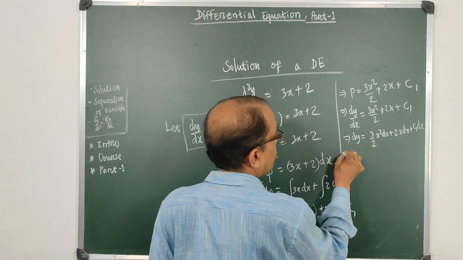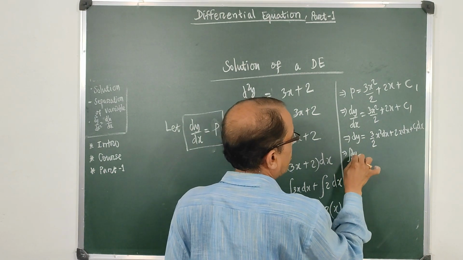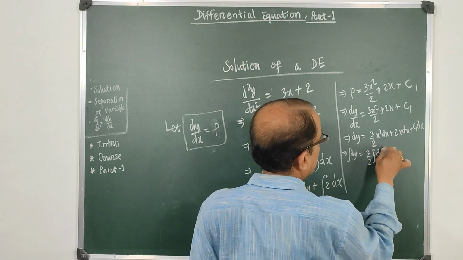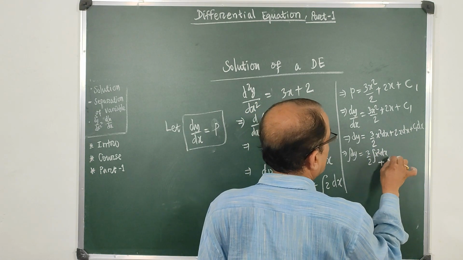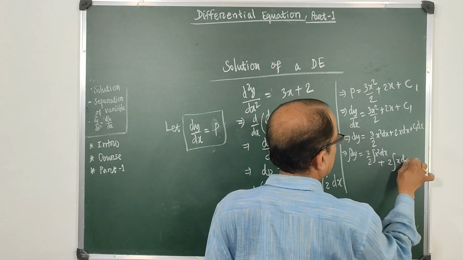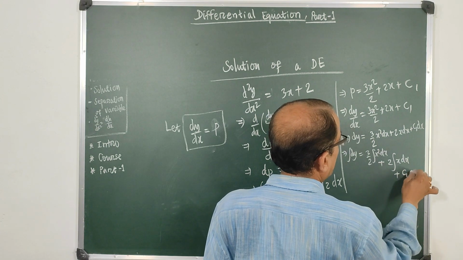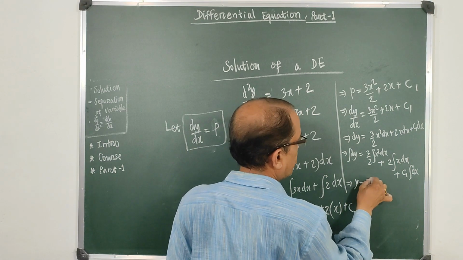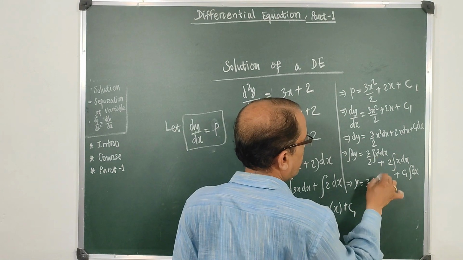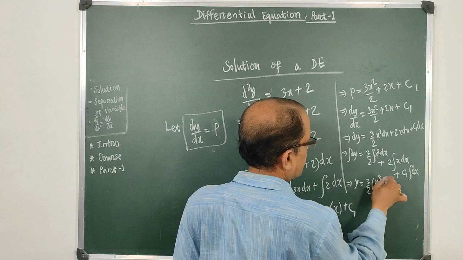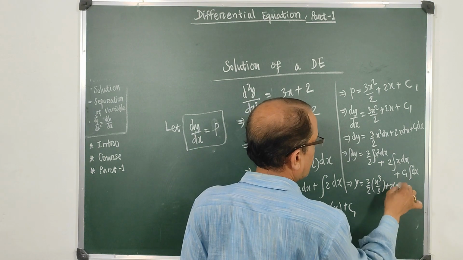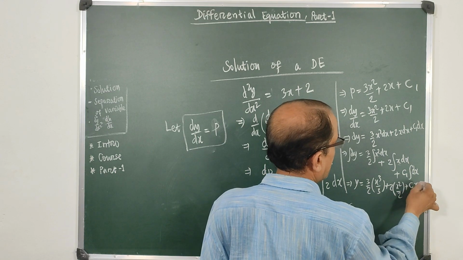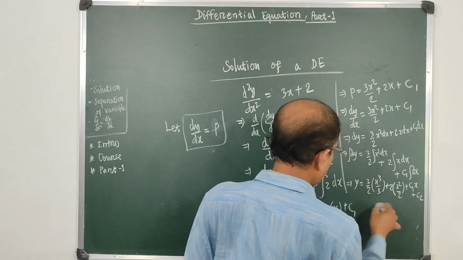Now integrate both the sides. Integrating dy, we get 3 by 2 integration of x square dx plus 2 integration of x dx plus c1 integration of dx. That means we get y is equal to 3 by 2 into x cube by 3 plus 2 into x square by 2 plus c1x and a constant c2.